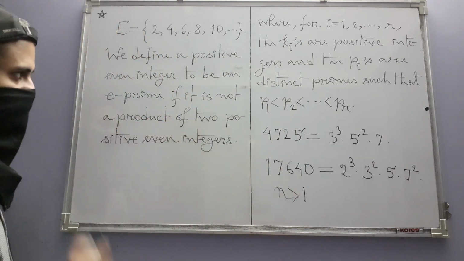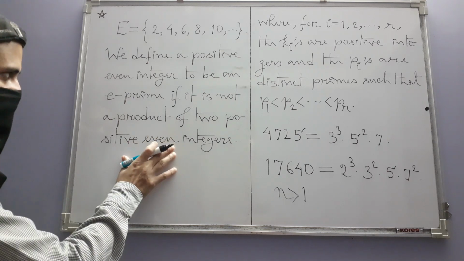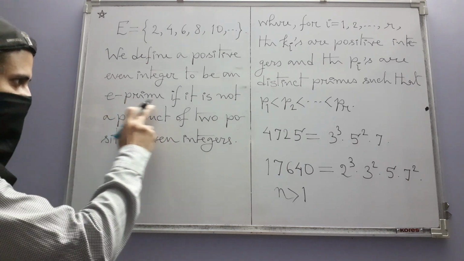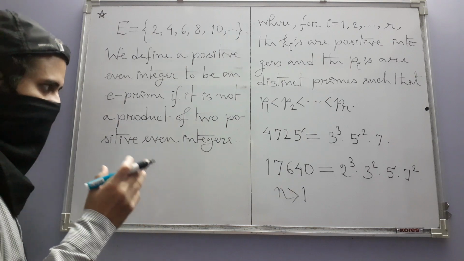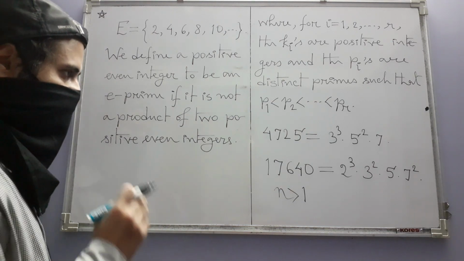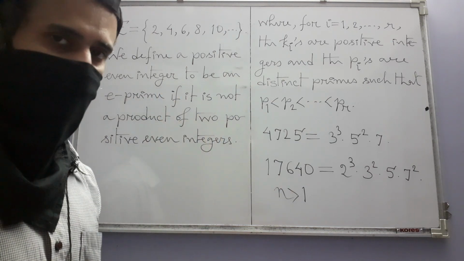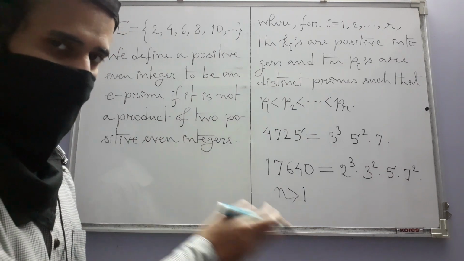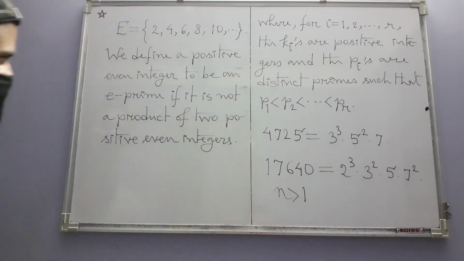A similar thing has been done in this definition. A positive even integer is said to be an E prime if it cannot be written as a product of again two such things. So these two definitions are similar.